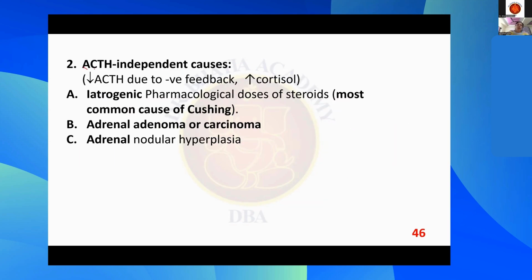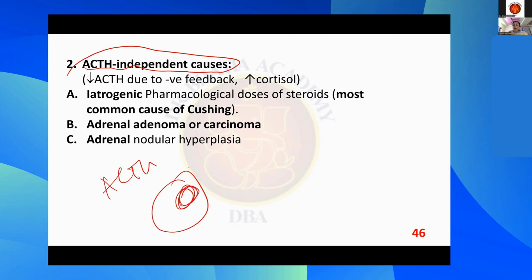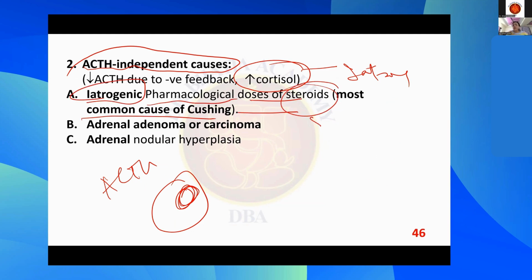Now, what are the conditions where it is ACTH independent? That means low ACTH. That can happen when it is coming from an adrenal mass, or due to high cortisol from iatrogenic causes. Number one is iatrogenic because of pharmacological doses of steroids, the most common cause of Cushing's syndrome. Don't use the word Cushing's disease.